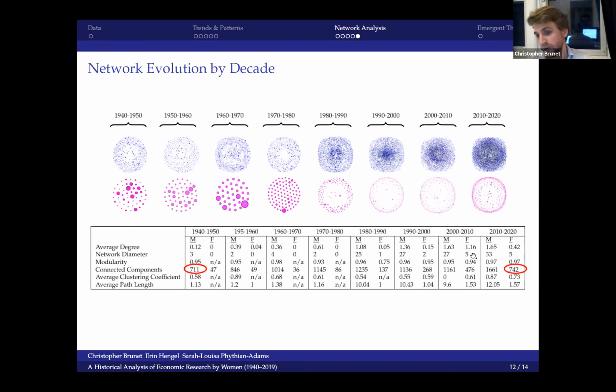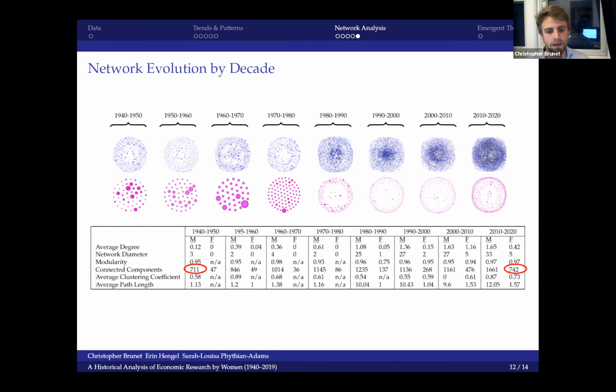And if you see right here in the most recent decade, the 2010s, there's 742 connected components, which is roughly equal to what the male network was at 80 years ago. So a very crude interpretation might be that women are 40 or 50 or 60 or 70 years behind men in terms of developing their co-author networks.